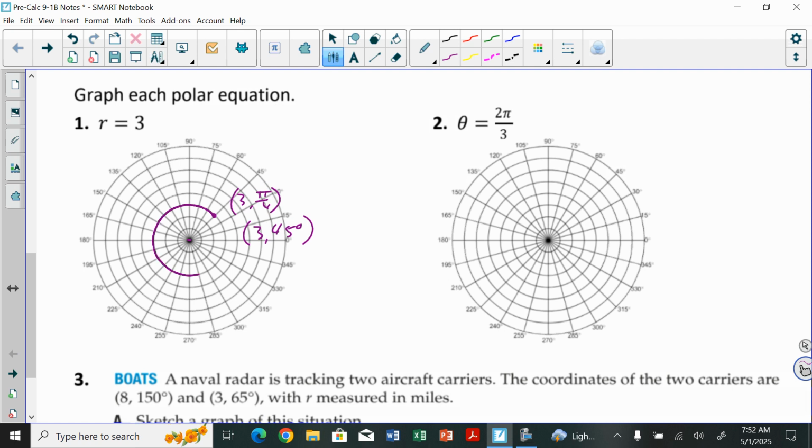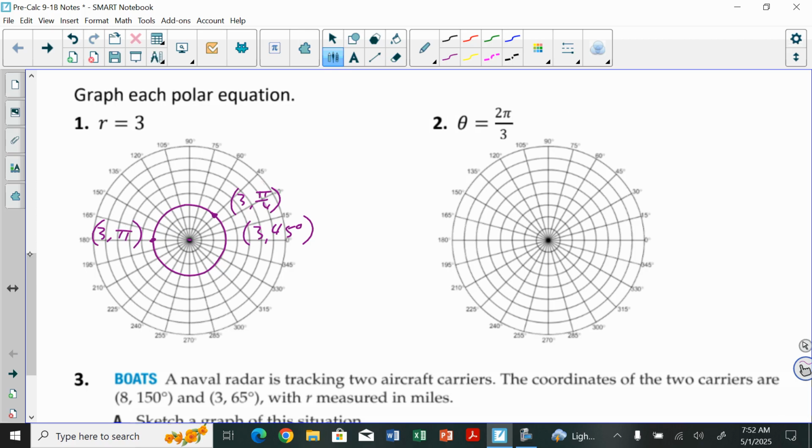It would be all the points that have r equal to 3. I just made that one point there, and maybe I'll pick another easy one at 180 degrees. In radians, that would be (3, pi). So that's basically it.